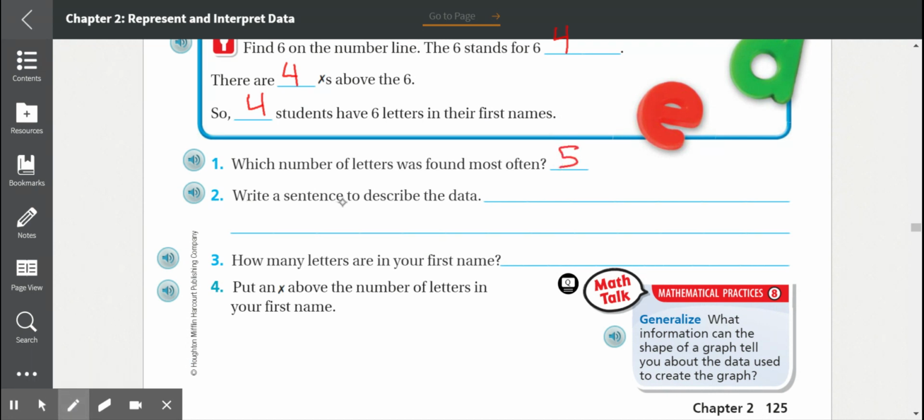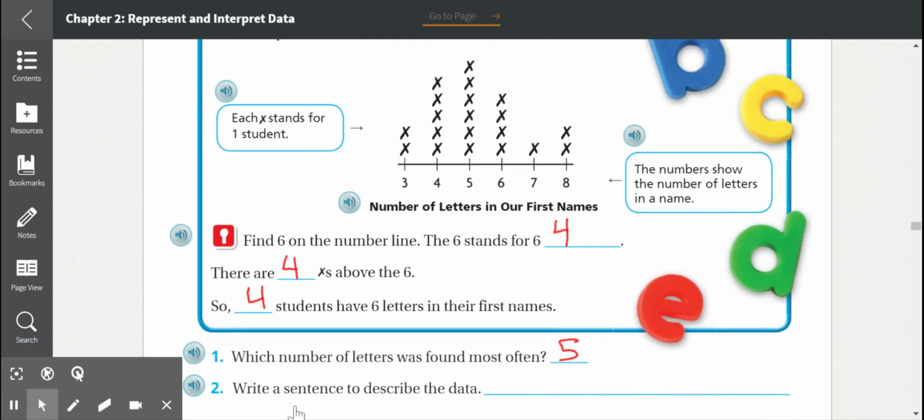Write a sentence to describe the data. So we could come up with any sentence to talk about this data. Let's just count how many people took this survey. 1, 2, 3, 4, 5, 6, 7, 8, 9, 10, 11, 12, 13, 14, 15, 16, 17, 18, 19, 20.